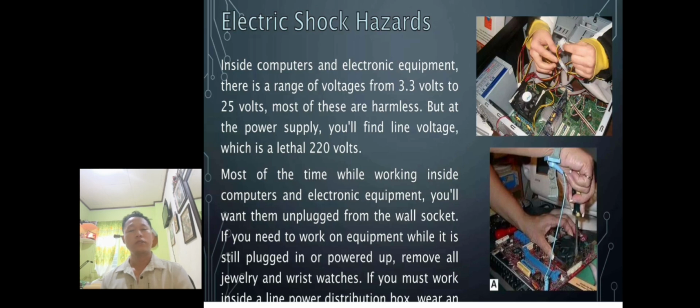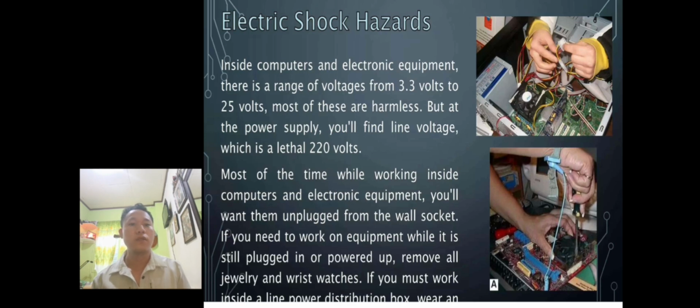Followed by electric shock hazard. This is the most common thing that we always encounter inside the computer laboratory, especially for those technicians who repair computers. We need to use PPEs or ESD tools so that we will be protected, and at the same time the equipment and the computer will also be protected.